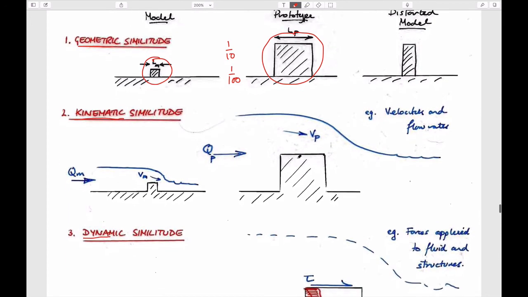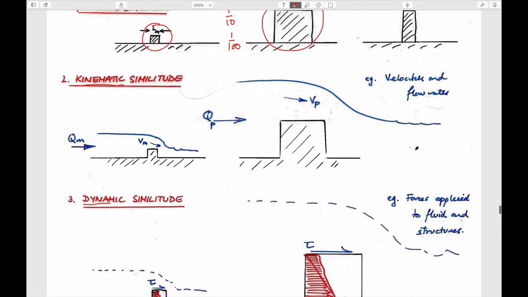In terms of kinematic similitude, again, to use the example that we talked about for flow around a cylinder, kinematic similitude means that the flow regime looks exactly the same in the model as it does in the prototype. So it means that the Reynolds number for the model is equal to the Reynolds number for the prototype, because it's the Reynolds number that indexes the flow regime.